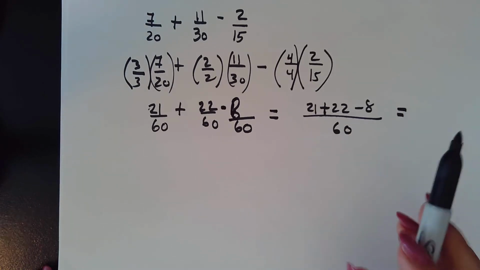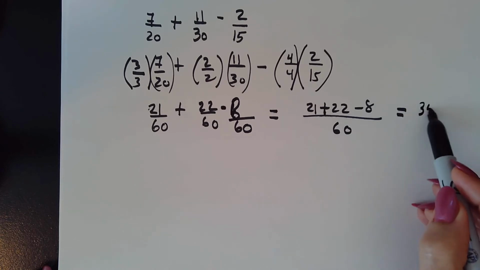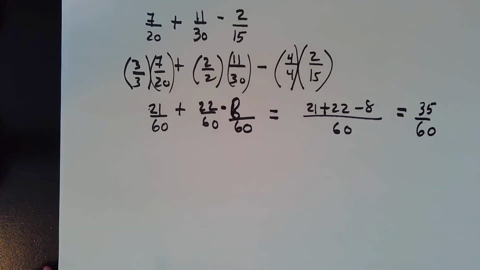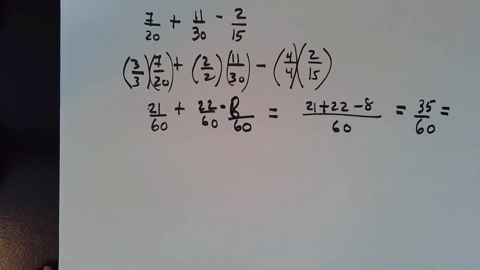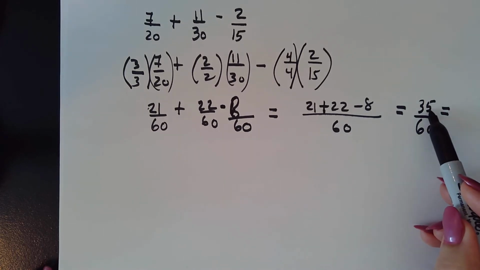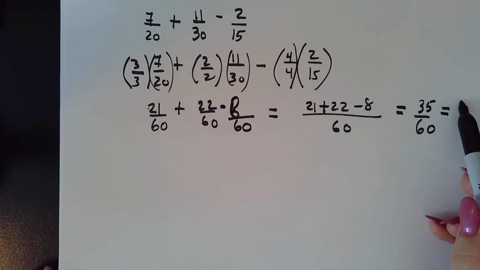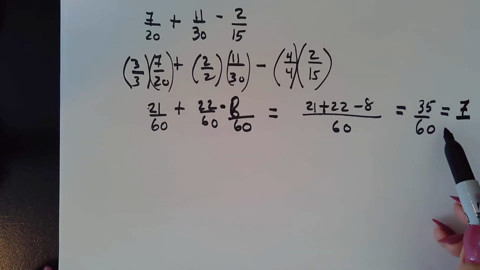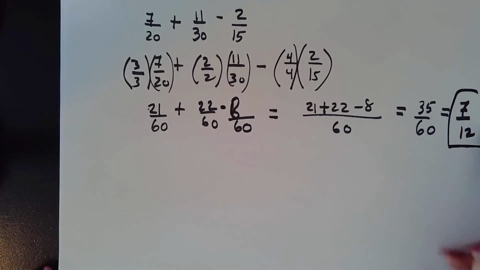And then minus 8 is going to give us 35 over 60, which this can reduce. 5 goes into 35 7 times, and 5 goes into 60 12 times. So this reduces to 7 over 12.